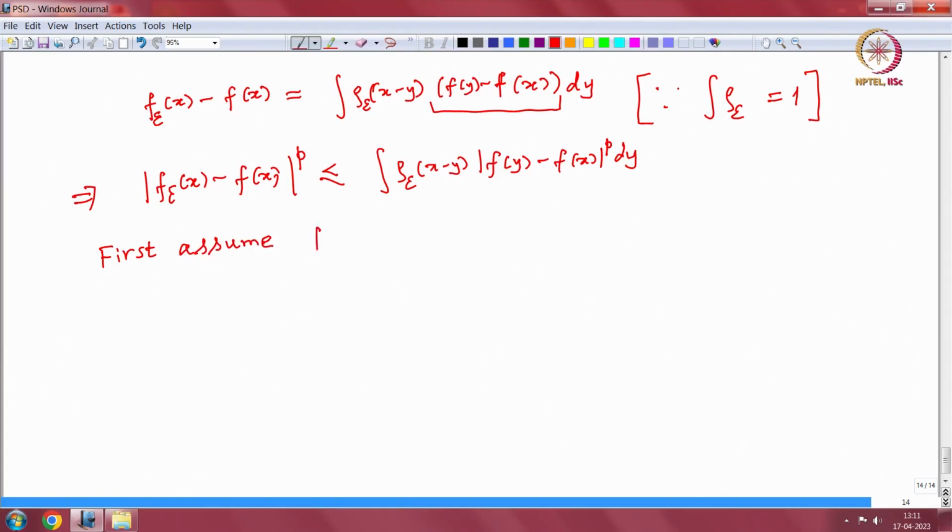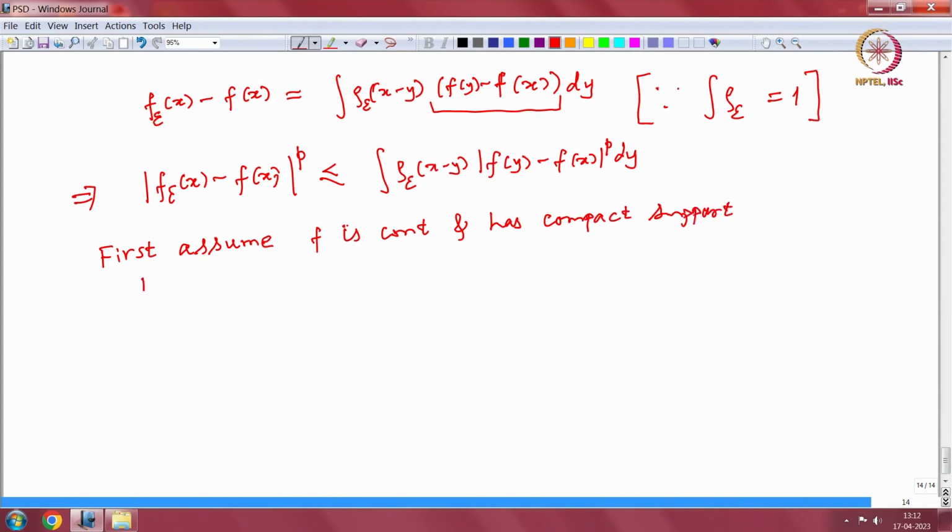First assume f is continuous and has compact support. In this case it is very easy.